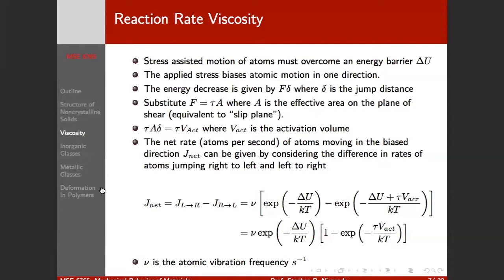right? So if we call the energy decrease this force times a jump distance, right? We can replace force by a shear stress by an area, right? The area on our shear plane, which is equivalent to the slip plane, we can define an activation volume, right?